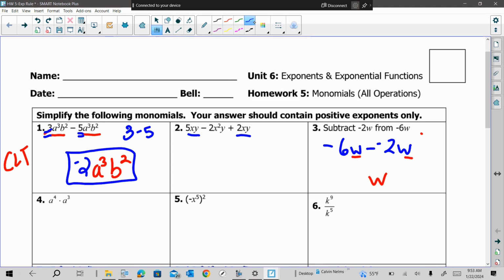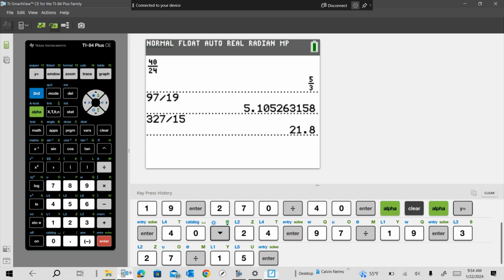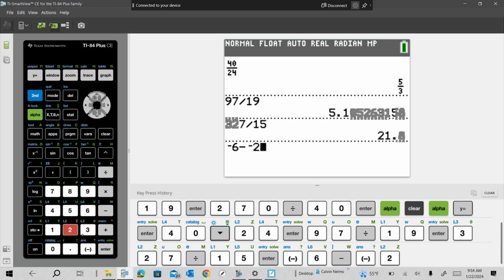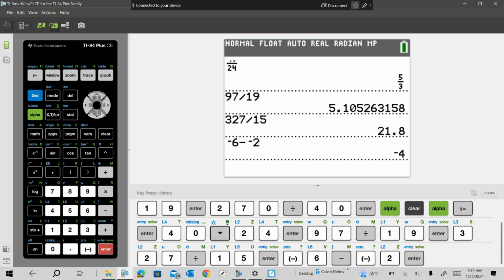Now we just focus on the coefficient. A negative 6 minus a negative 2. Negative what? Yes, negative 4. If you're struggling on the computation, use your calculator just to check. Negative 6 minus negative 2 is negative 4.